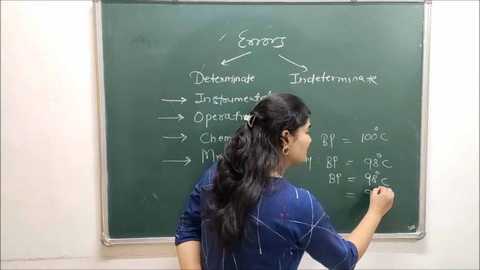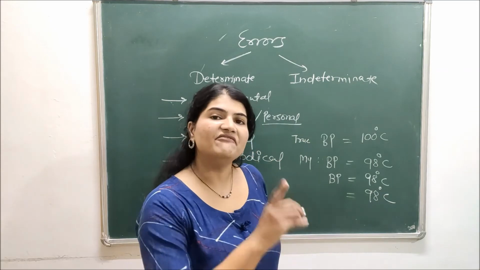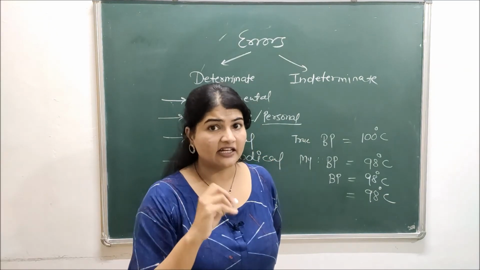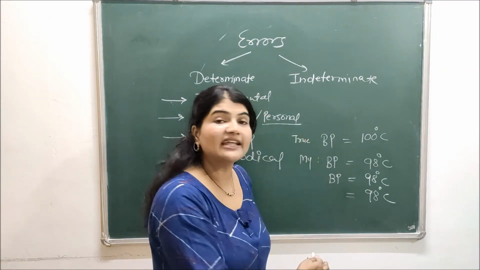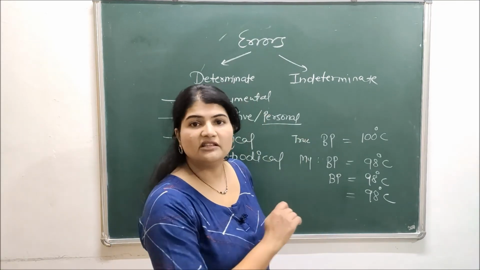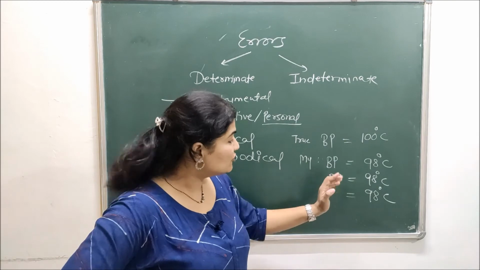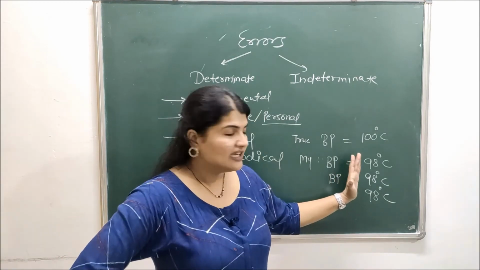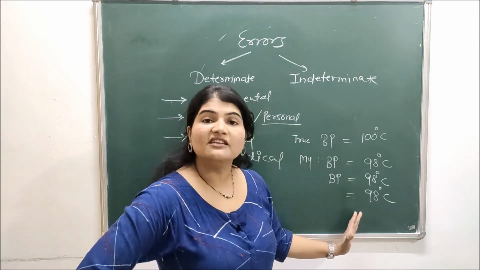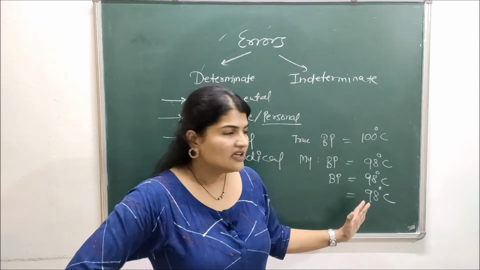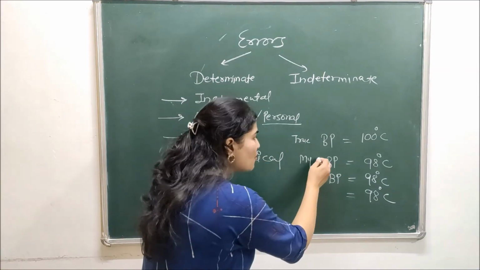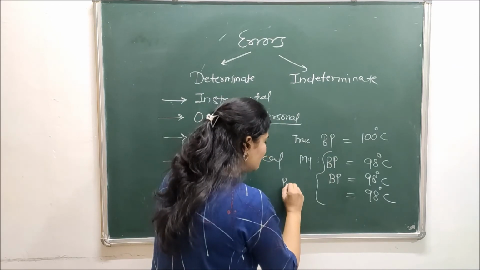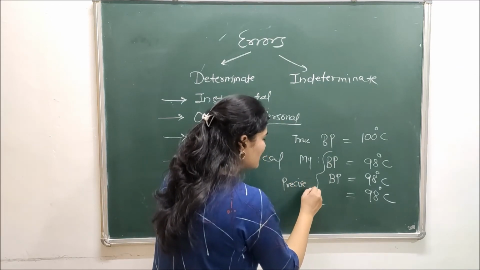Whatever times I carry out the experiment, every time it is coming 98 degrees centigrade. It means a certain kind of error is introduced every time consistently in my results. But if you look at the results only, the consistency in the results is there, the reproducibility of results is there. So these results are said to be precise.